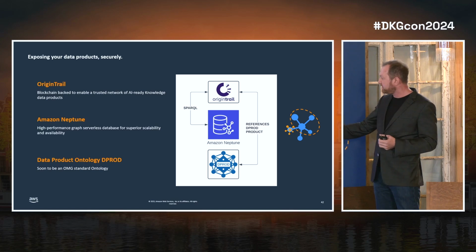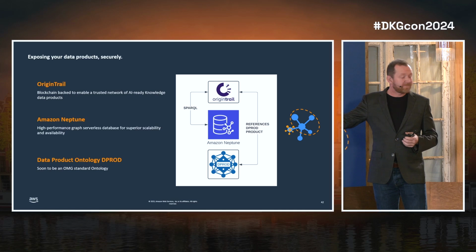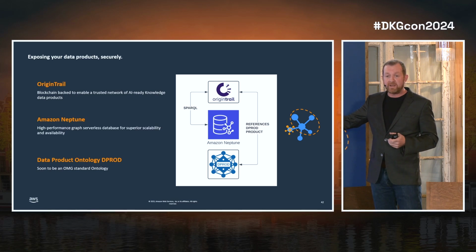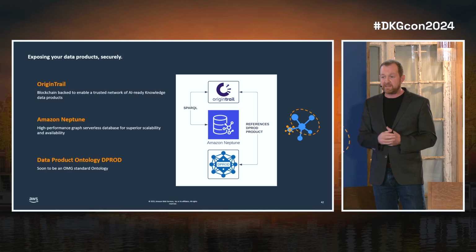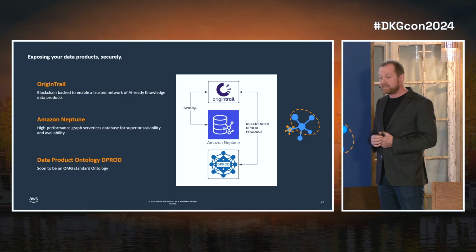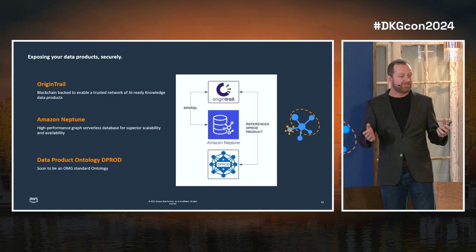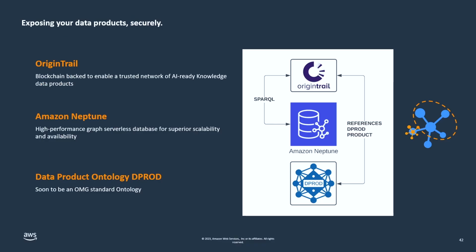The synergy is this. Amazon Neptune is great at storing graphs. And graphs are, in my opinion, and the opinion of many of my colleagues, the very best way of representing data as it exists in the real world. Because that's what we're doing all the time. Every time we say something, we are effectively articulating some sort of a graph pattern.